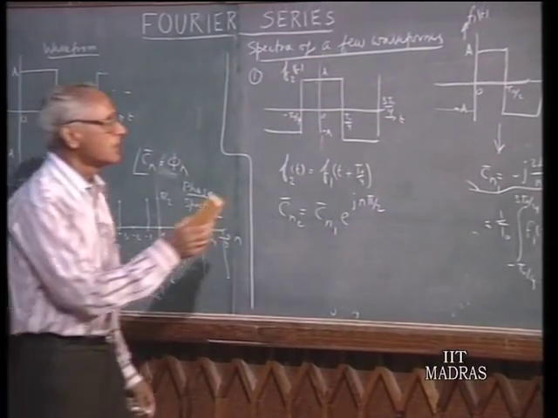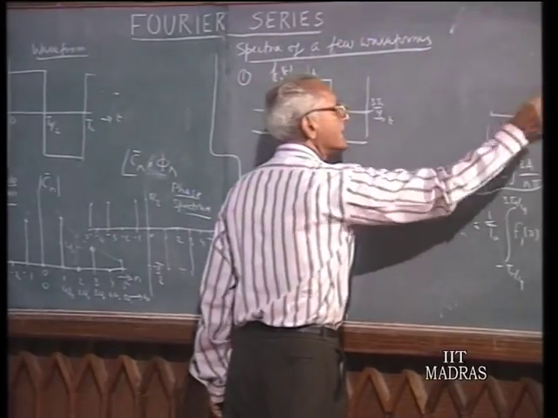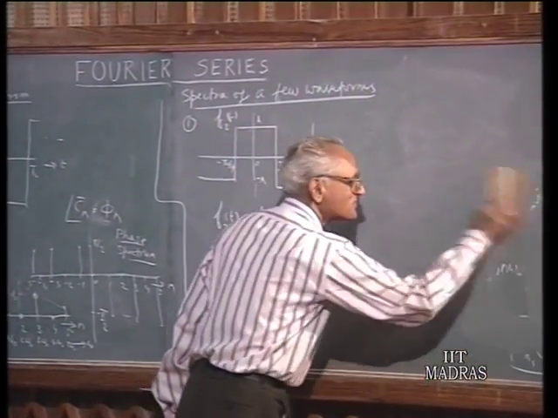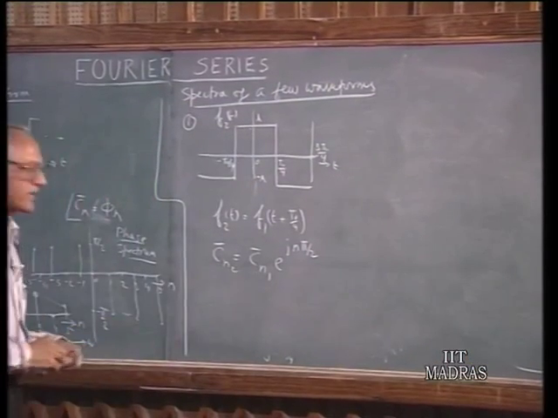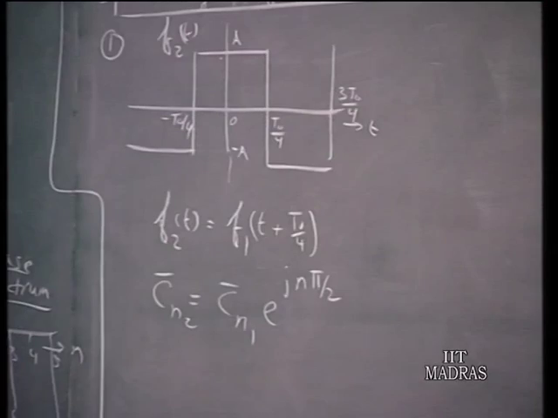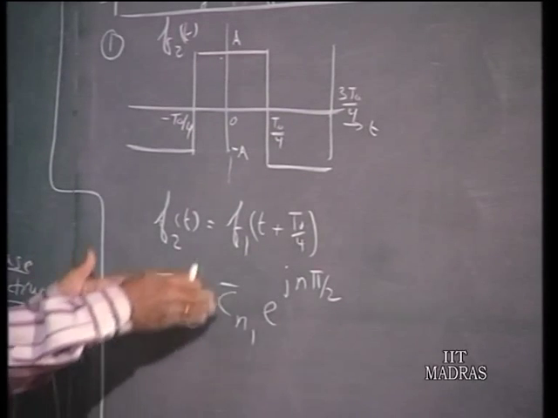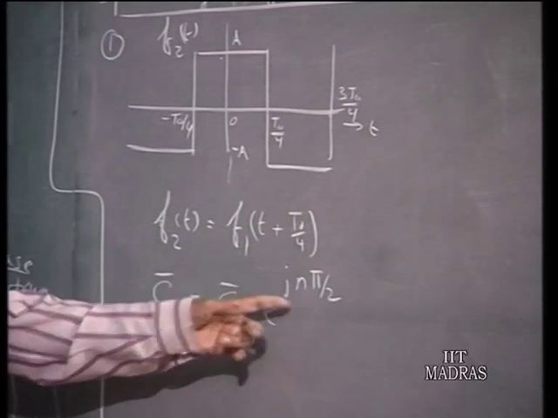So, what is the spectrum of this? How does it look? The magnitude spectrum will be the same as that of Cn1. Why? Because the magnitude of Cn2 is the same as magnitude of Cn1, because the magnitude of this factor is 1.